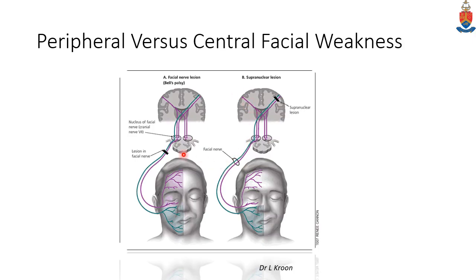In contrast, if you put a lesion at the level of the nucleus, the fascicle, or the nerve, you will have injury to the lower motor neurons to both the upper as well as the lower half of the face, and therefore you will have complete weakness of the whole forehead, eye closure, as well as mouth elevation and closure. You'll have hemifacial weakness on the one side.